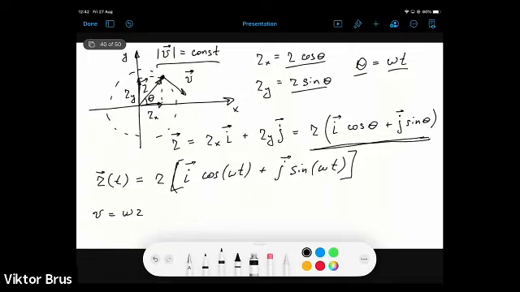So if v is constant, r is constant by definition because it's just a circle, then omega is also constant. So that is important. We need to define all time-dependent parameters because next step, we will need to take derivatives.